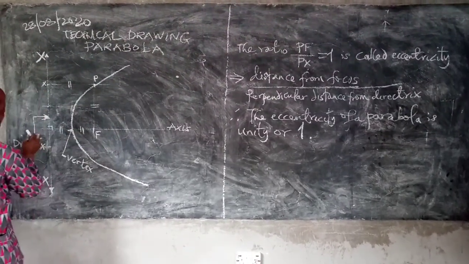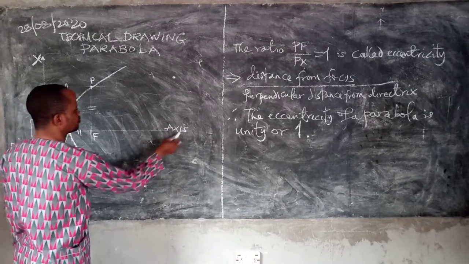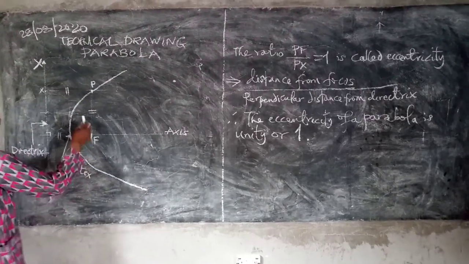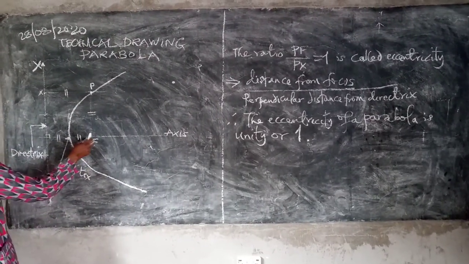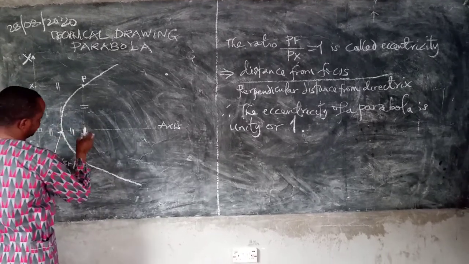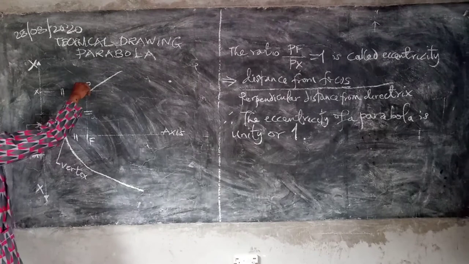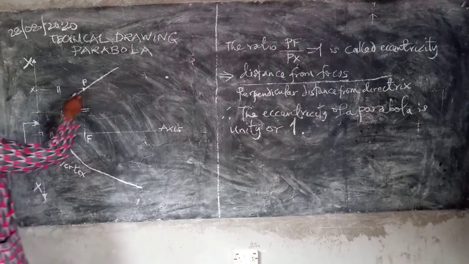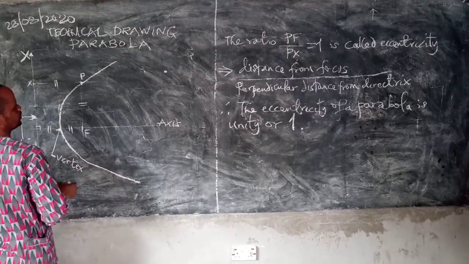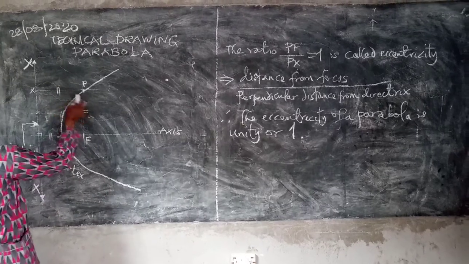Then on the horizontal line, which we call the axis, if you draw a perpendicular line from the axis to meet the point on the parabola, the distance will also be equal to this one.